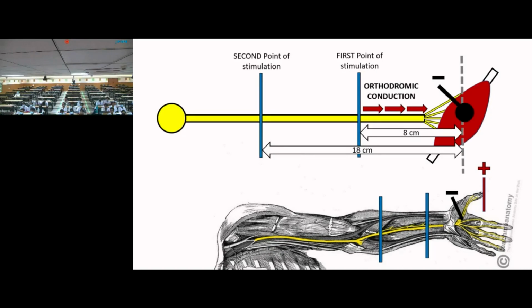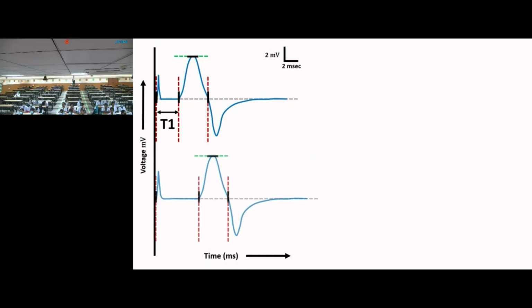So we will subtract T1 from T2, so that we calculate the impulse conduction in this part alone. From the first stimulation, we get the T1 onset latency, and from the second point of stimulation, we get T2 as the onset latency. Now when we subtract T1 from T2, we will be able to get that.